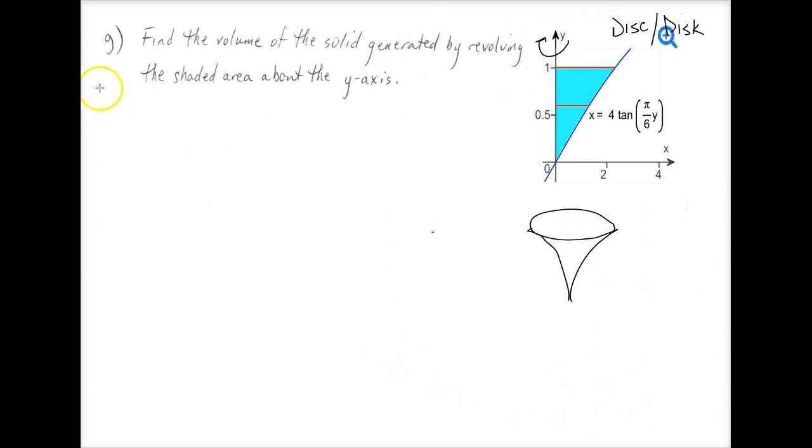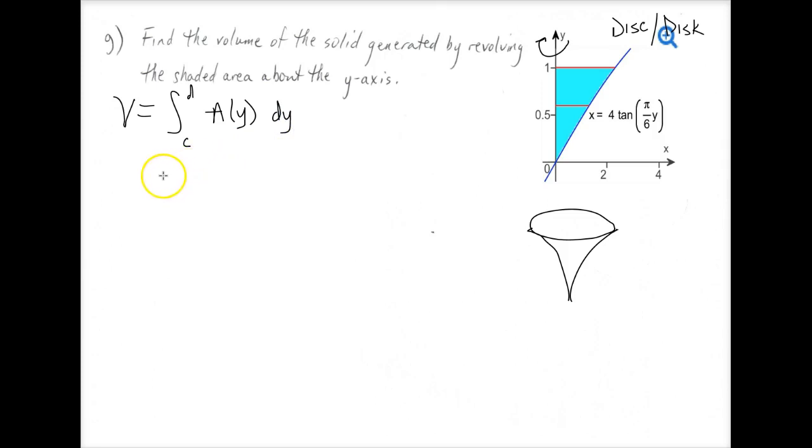And for the disk method, we know that the volume here, our area is just going to be pi radius squared. And since we're rotating about a vertical line, that means we're going to integrate with respect to y. So here this will be from C to D, area in terms of y dy.